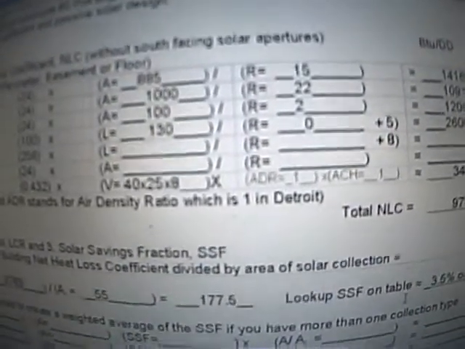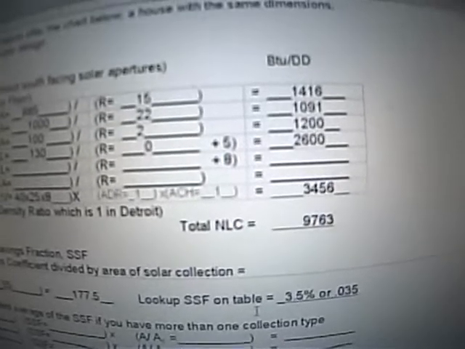The volume you know, times air changes per hour. ADR has to do with the air density ratio. If you live up in the mountains of Colorado, you have to take into account that the air is less dense. So you calculate those out, just plug in the numbers, crank them out, and you'll get your net heat loss coefficient. In the next video, we'll talk about the load to collector ratio and the solar savings fraction.